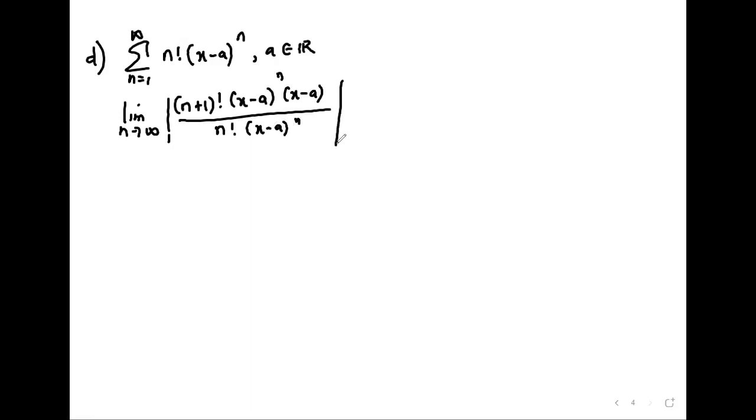So again, you can see this and this cancel. So we remain with the limit as n goes to infinity of n plus 1 multiplied by n factorial and then x minus a, over n factorial.